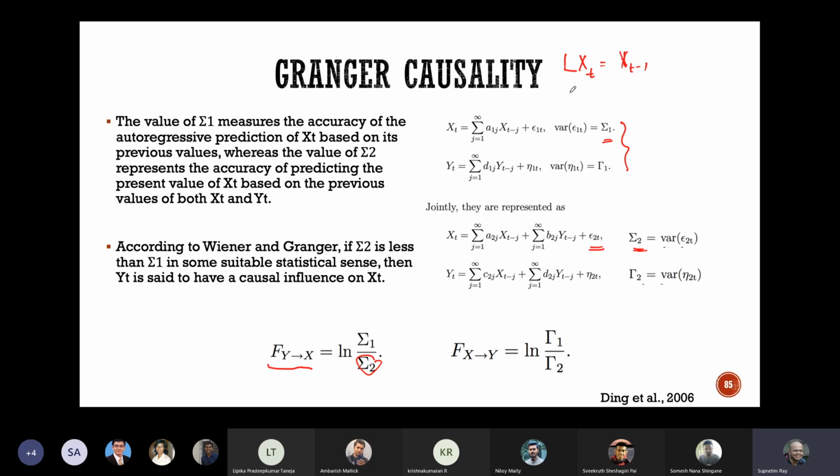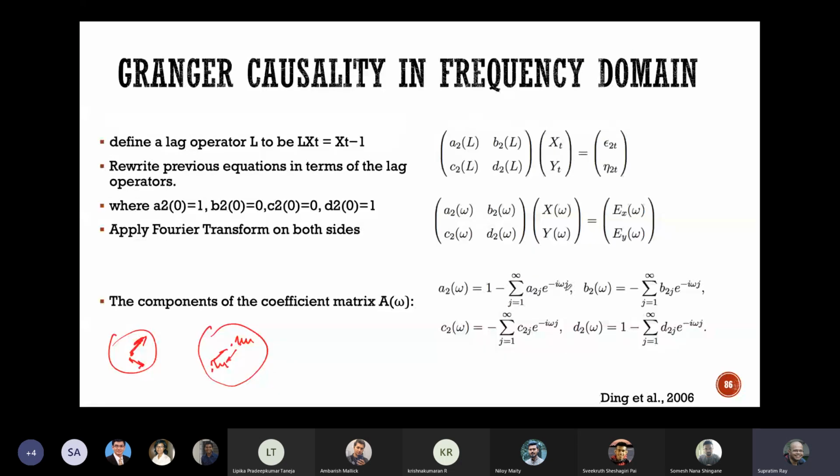So now you can bring the terms on one side and isolate x_t, and you end up getting something like this. Okay, so these are polynomials. It's going to be 1 minus a_21 L minus a_22 L squared minus a_23 L cubed and so on.